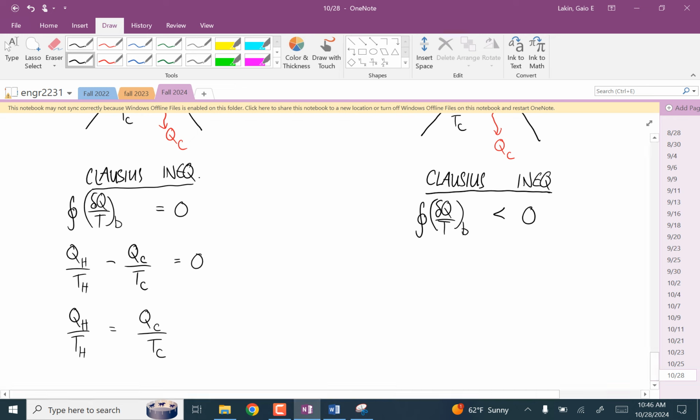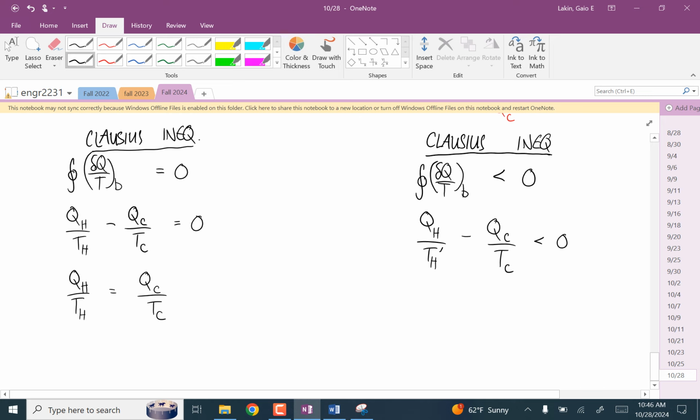And so this time we have QH over TH prime minus QC over TC is less than 0. All of these values are positive. So I can write this as QH over TH prime is less than QC over TC.